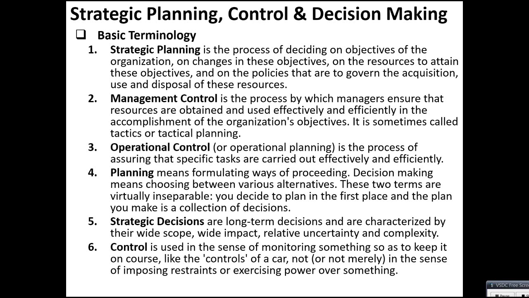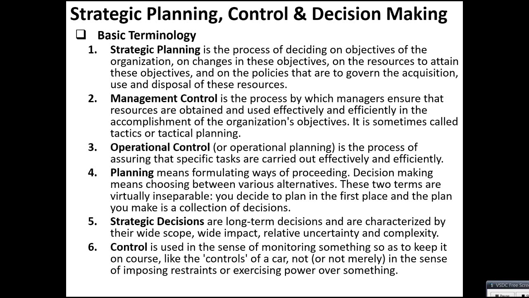So now we start. We have discussed this in the first lecture: strategic planning and control and decision making, what it is. Just for review, strategic planning is simply the process of deciding on the objectives of the organization, what your company or organization wants to achieve and what they should do.